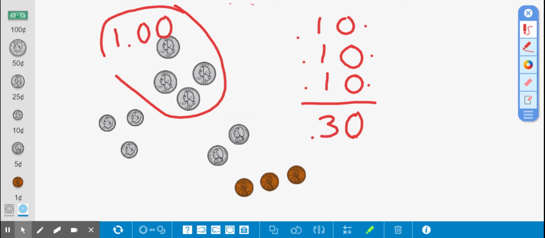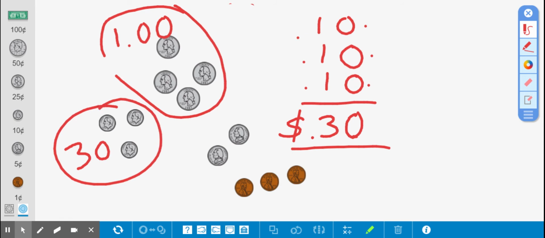The value of 3 dimes is 0.30, or 30 hundredths, or 3 tenths, but in money we say 30 cents. So I'm going to write that over here next to the dimes. And I'm just doing this on the whiteboard, but lots of people develop strategies in their heads that kind of clump these coins together, right? I often find that using this method of counting the largest coins first works best for me. So these dimes are worth 30 cents.